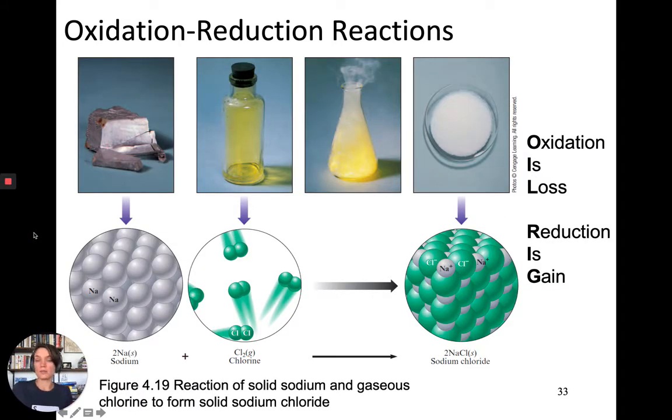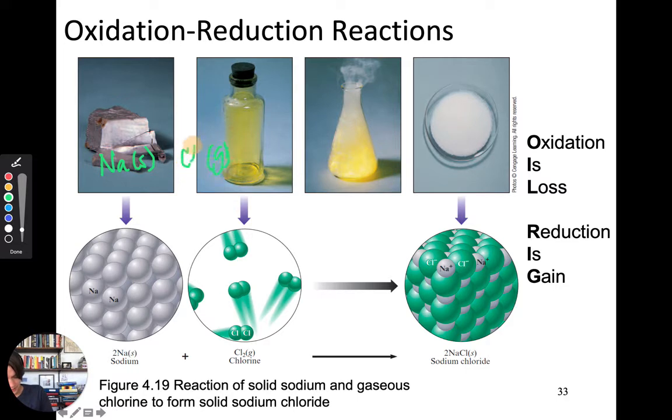Okay, so it shouldn't surprise you that if an oxidation reduction reaction is the transfer of an electron, the formation of our ionic compounds is the result of an oxidation reduction reaction. So here we have solid sodium, and we have gaseous chlorine reacting.